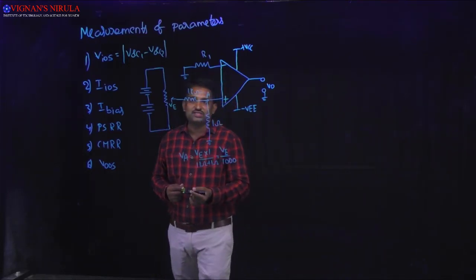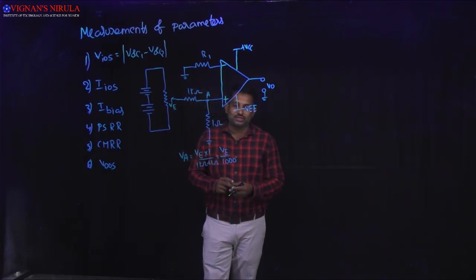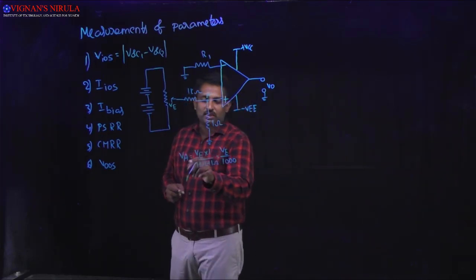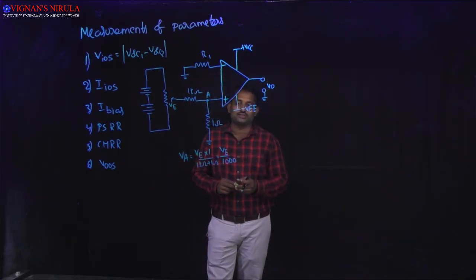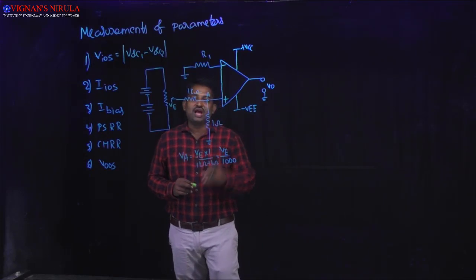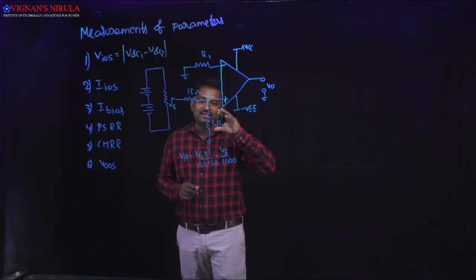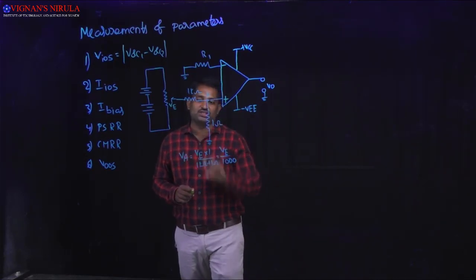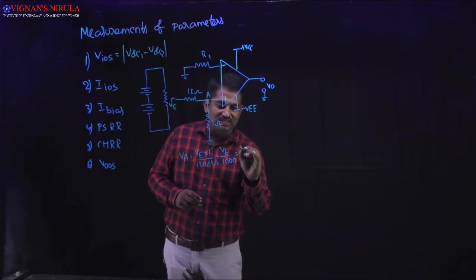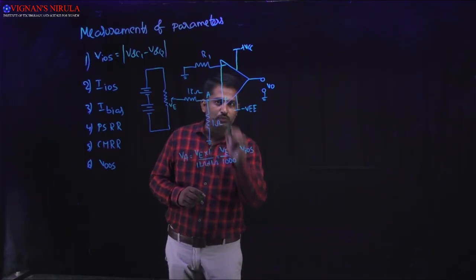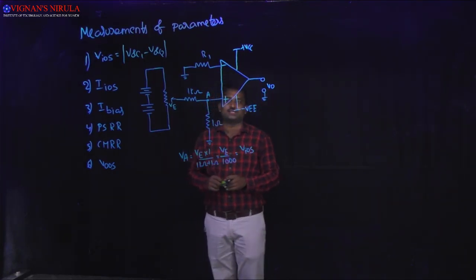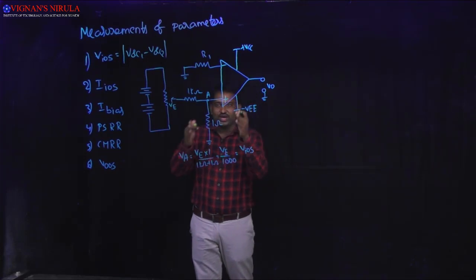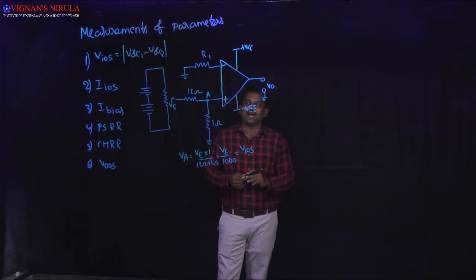The 1 is a very small value, so I am neglecting it. Finally, the potential at node A is VE divided by 1000, and this is nothing but the input offset voltage. We apply this input offset voltage at the input terminals of the op amp to make the output offset voltage 0. This is the way we calculate the input offset voltage.